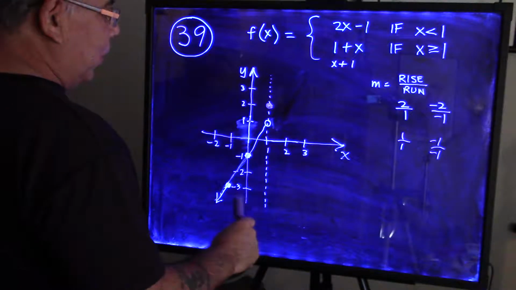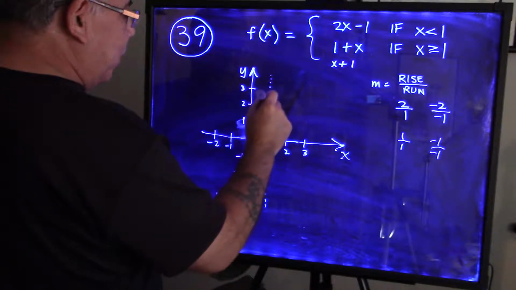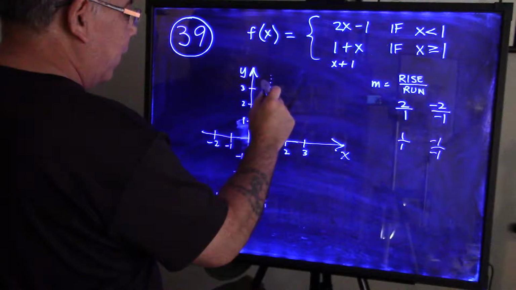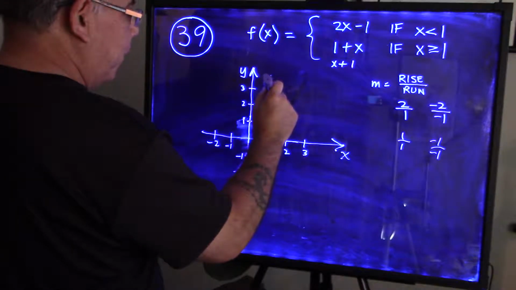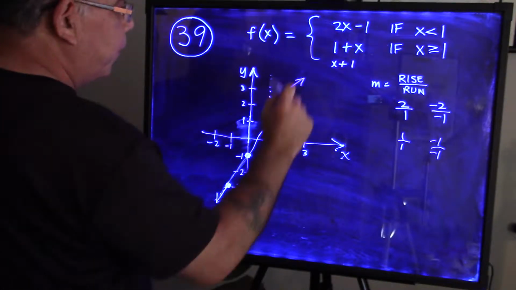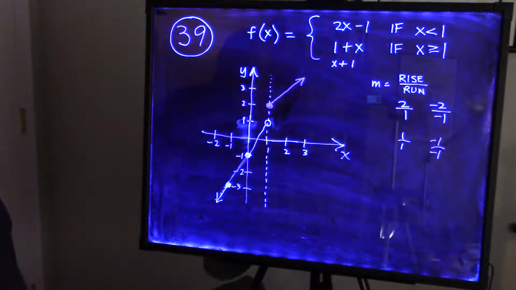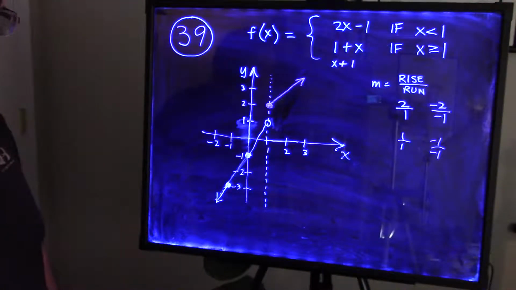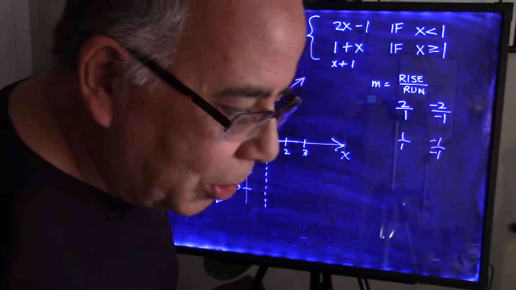Okay, so you can connect the two dots with a straight edge and just draw this part. Like that. Alright. So that's generally how it should look.